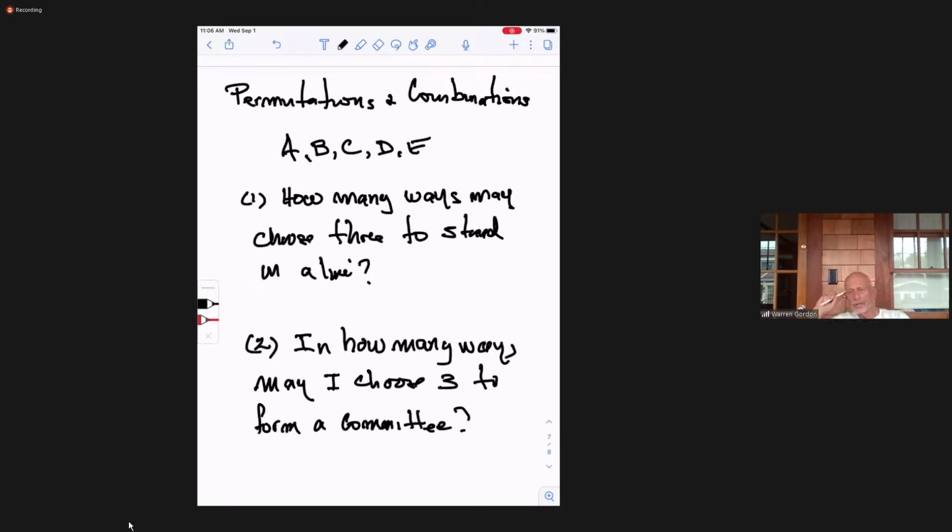Questions look very similar, don't they? So are their answers the same or not? So we need to understand the difference between these 2 questions.